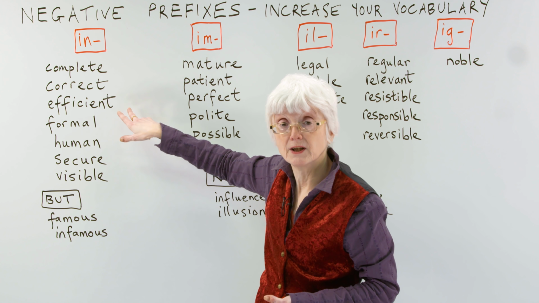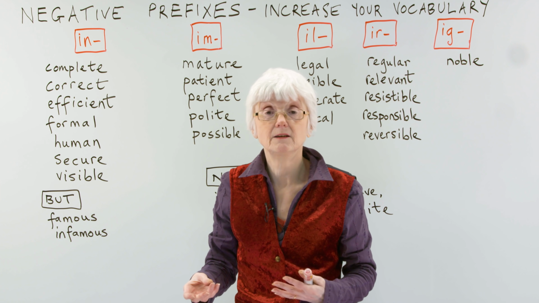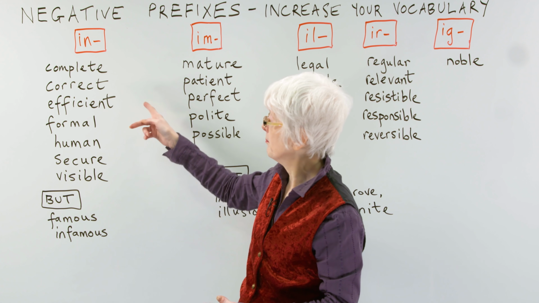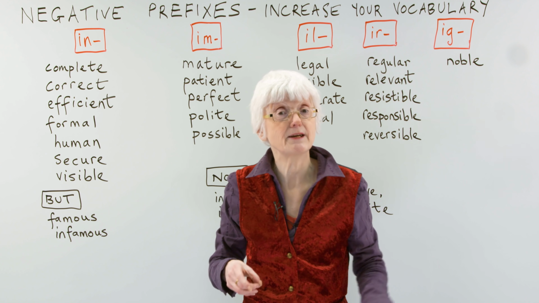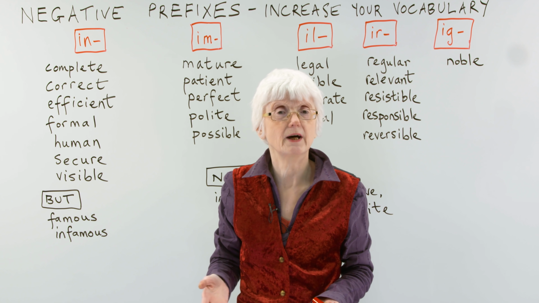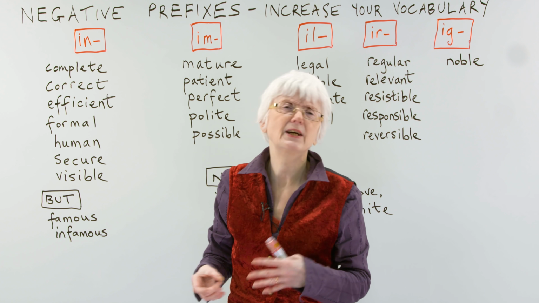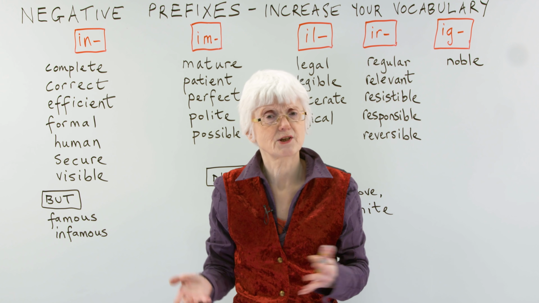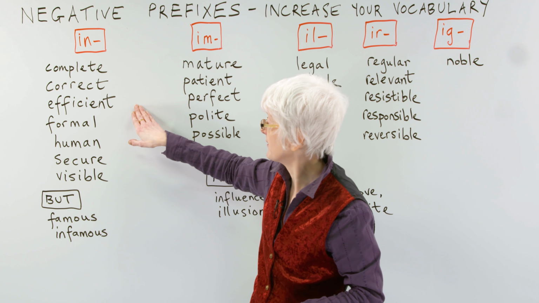If you're efficient, you do things very efficiently, very well, you have a good method for doing things. But if somebody is inefficient, it means they're not very well organised. They don't do things in a very logical way. It takes them longer to do it. They might make mistakes and so on. So that's inefficient.